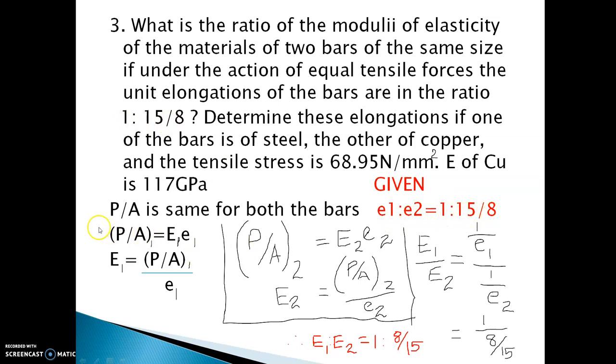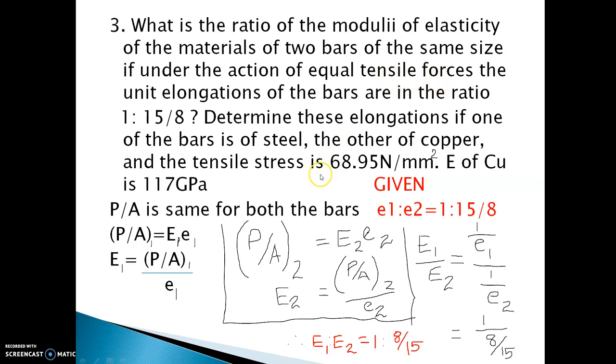Now what is the equation for stress and strain? Stress is proportional to strain, or stress is equal to Young's modulus of elasticity into strain, from which you can write the Young's modulus of elasticity as P by A divided by strain. Now it is given that P and A are same for both the materials, that is same size and action of equal tensile forces.